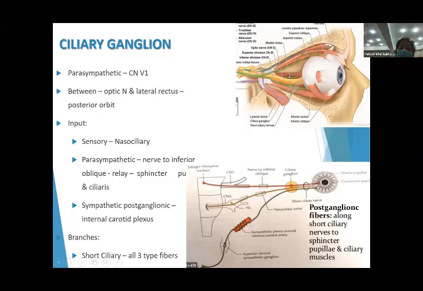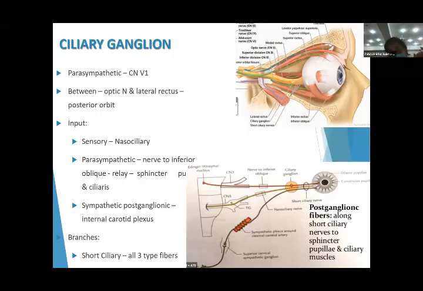Now, I told you that these parasympathetic ganglia have a sympathetic root, a sensory root, and a parasympathetic root. This sensory root comes from the nasociliary nerve. The nasociliary nerve provides sensory fibers to the ganglion.